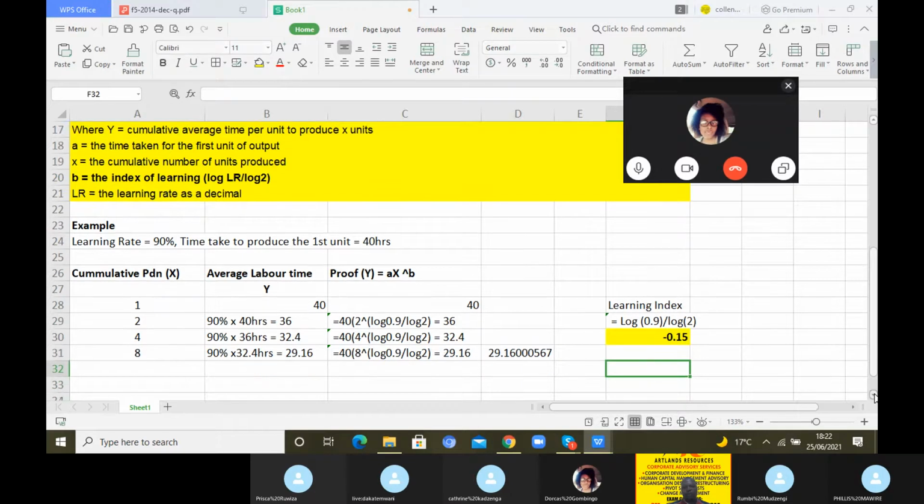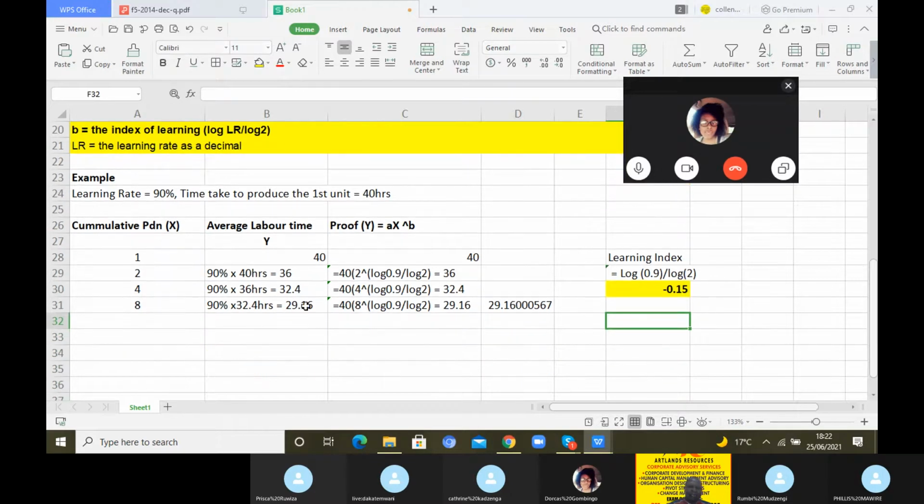Okay, now continuing. What does this particular table tell us? Let me again recap this table. This table tells us that if the learning rate is 90%, it means if the first unit takes 40 hours, you are going to spend 90% of the previous.